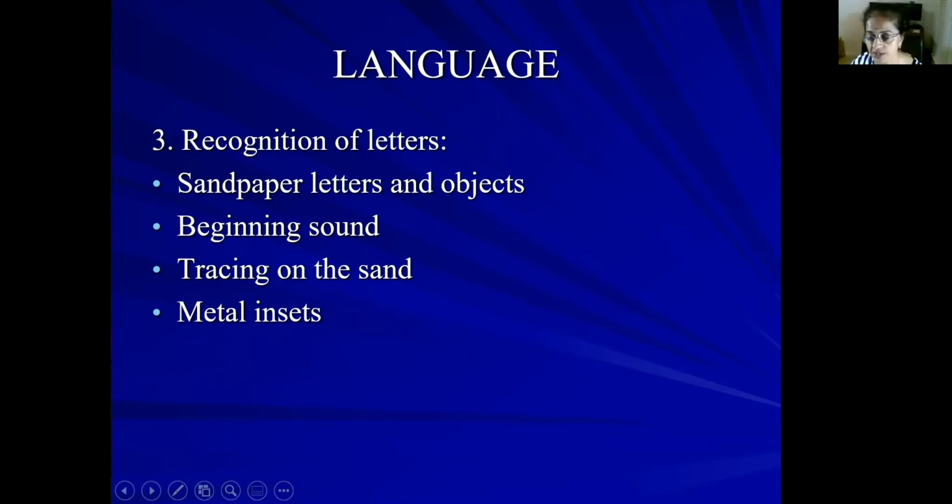Language recognition. Here, the child has the sandpaper letters and objects that go with those letters. The child learns the beginning sound of the letters. They also trace the letters on sand and have metal insets to practice for their handwriting.